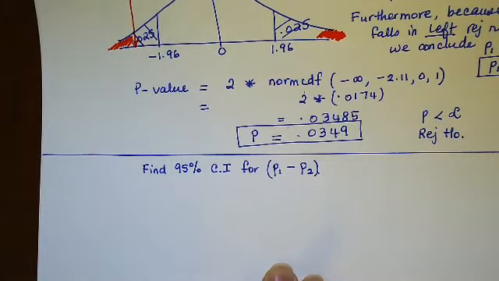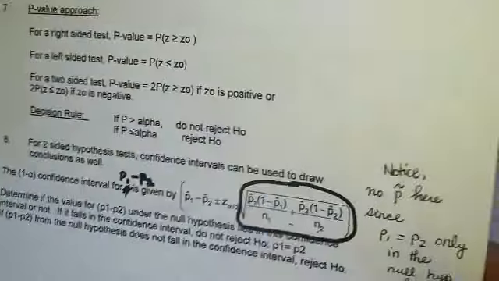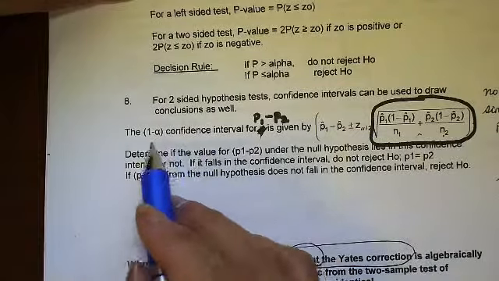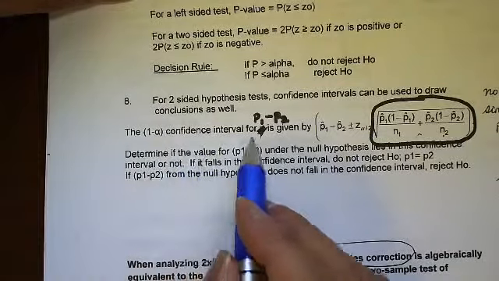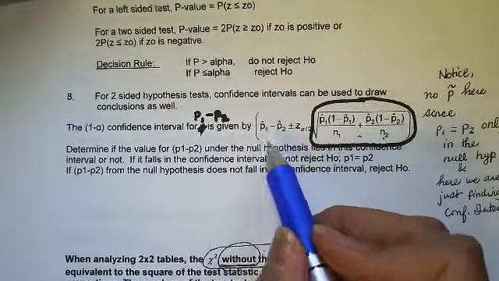The formula for confidence interval, let's tell you where that is in your notes so you can refer to it, is found on the next page, which is page 20. We're here.